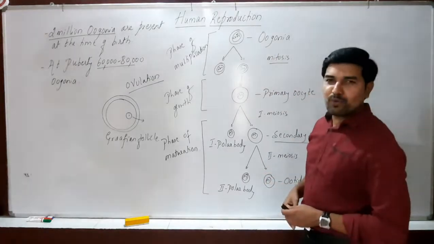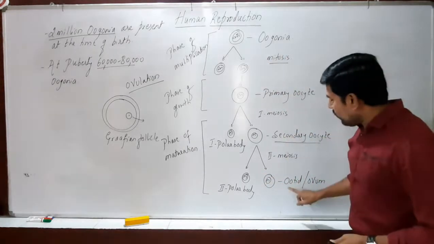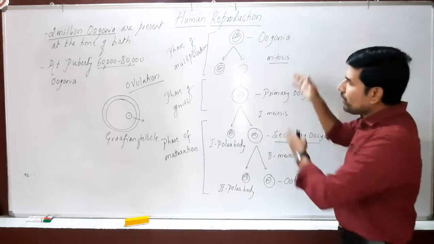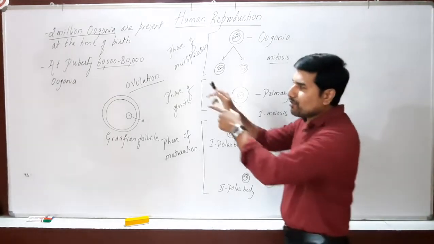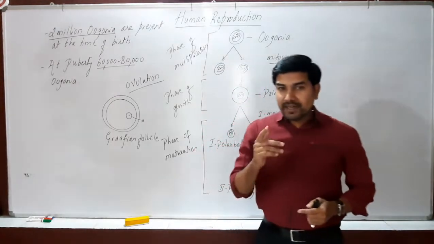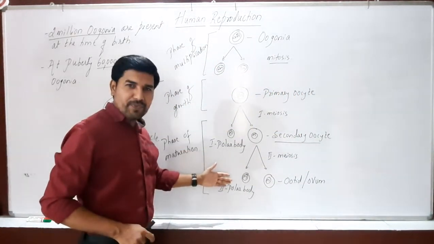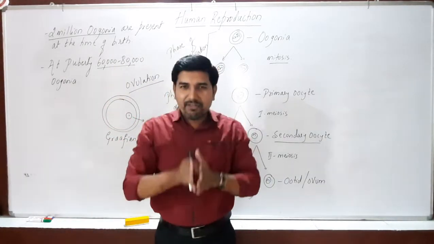Now, in the process of oogenesis, what we are studying here is how the ovum is formed and where the ovum is formed. We know that by the process of oogenesis, the ovum is formed in the ovary. But the schematic representation that we study here does not occur at once in a single phase.